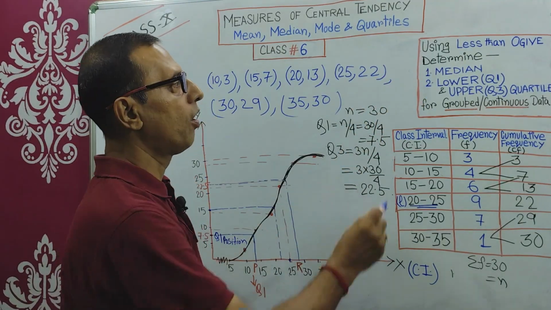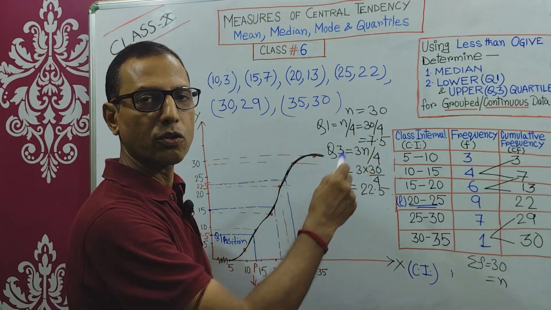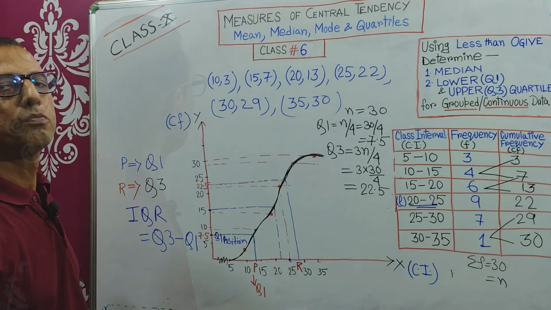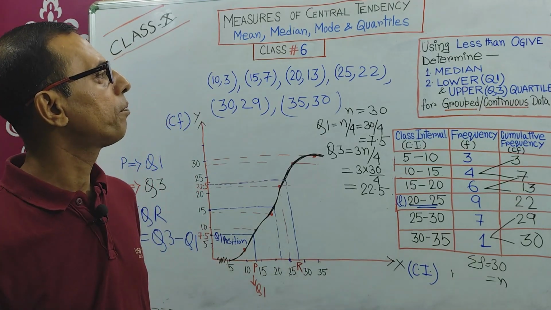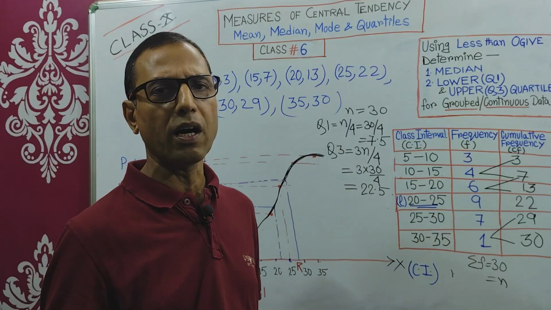So for group data also, that is how you can utilize the less than ogive curve or less than frequency curve to determine median or lower quartile Q1 or upper quartile Q3 for continuous data or group data. So I hope now it is very much clear for you, and that is how normally it will be asked.